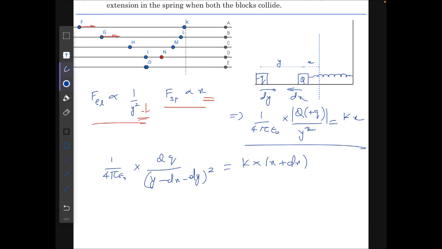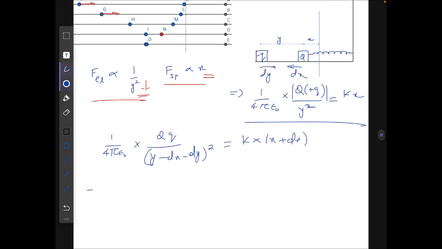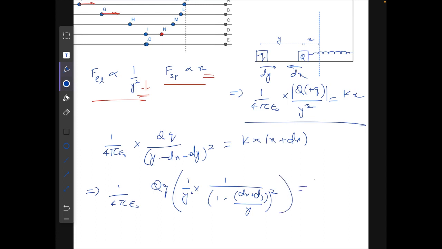This is the condition that it should stay at equilibrium even after a small displacement. So from here, simplifying, we get 1 by 4 pi epsilon naught times q times 1 by y squared times 1 by (1 minus (dx plus dy) over y) whole squared. This must be equal to k times (x plus dx).